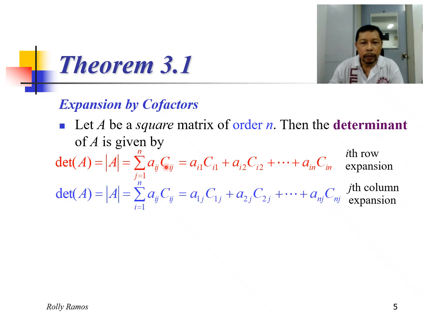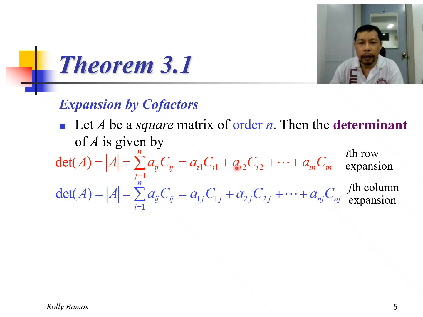So removing the summation symbol, we could expand that into summation terms. The first term would be Ai1, since j starts from 1 and increments by 1 up to n. So the first term, Ai1 times its cofactor Ci1, plus the second value of j is 2.